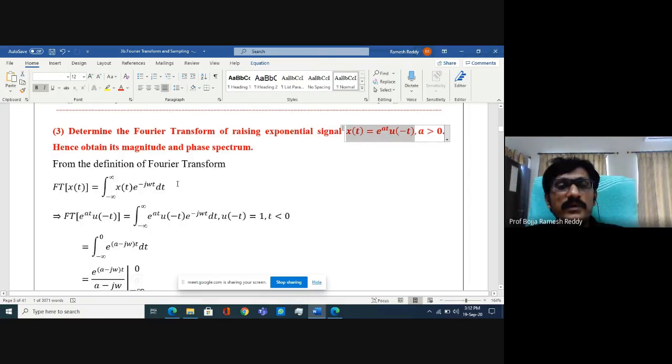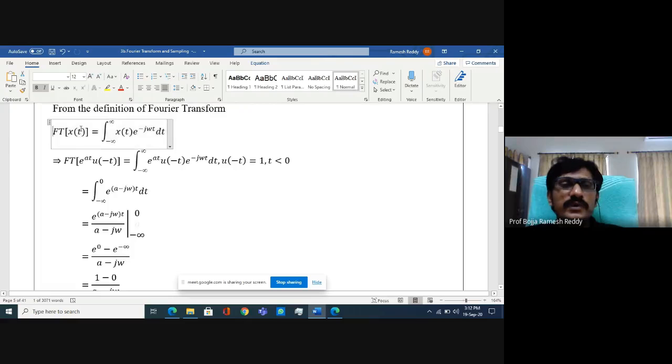Okay, now from the definition, every time we have to use the Fourier transform formula for basic functions. Fourier transform of e power at u of minus t. U of minus t is 1 when t is negative, means minus infinity to 0. We need to consider minus infinity to 0, where the function is e power at and e power minus j omega t. Take the product of these two, e power a minus j omega into t dt.